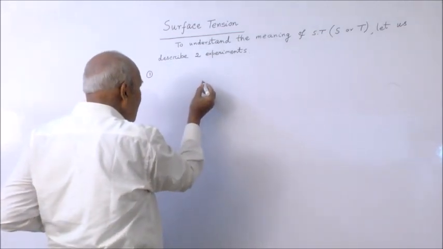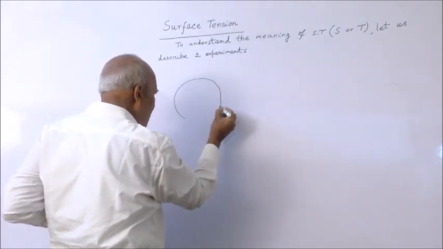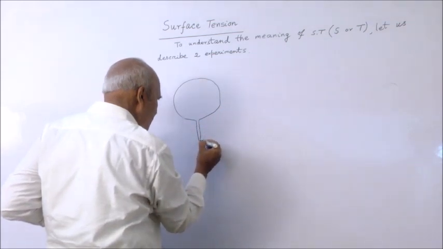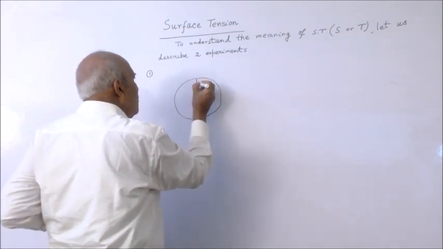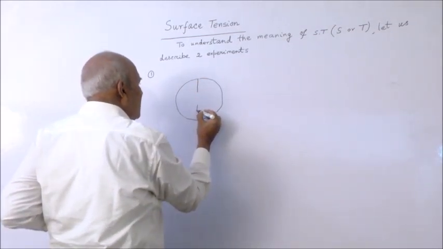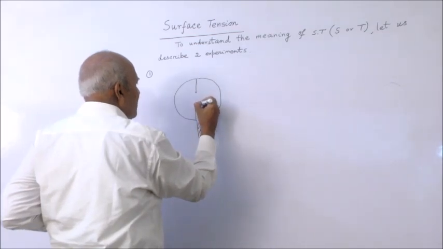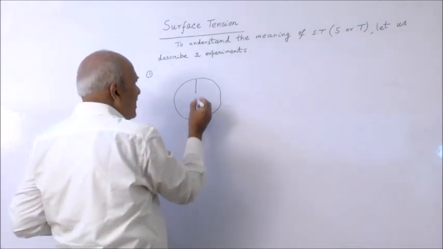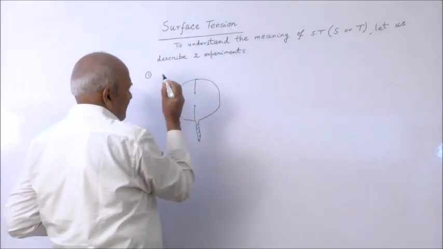there is a wire frame, a circular wire frame with a holder, and there are two iron nails having small holes. These are welded to the wire frame.